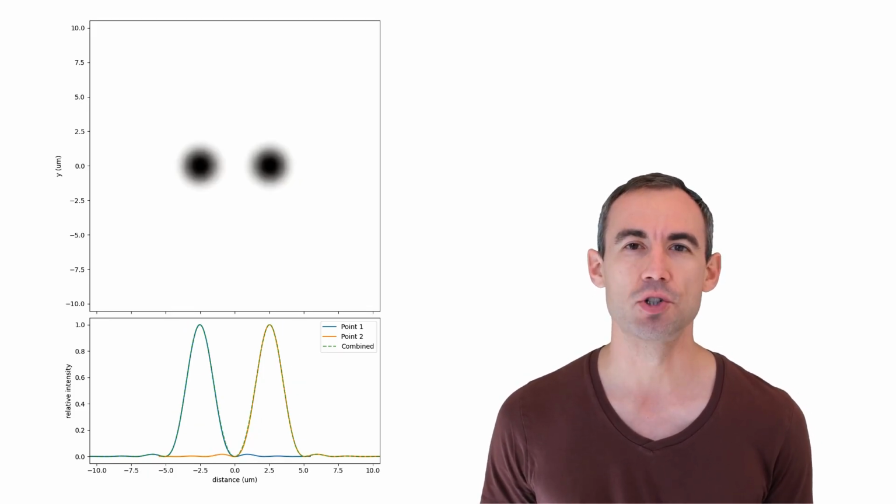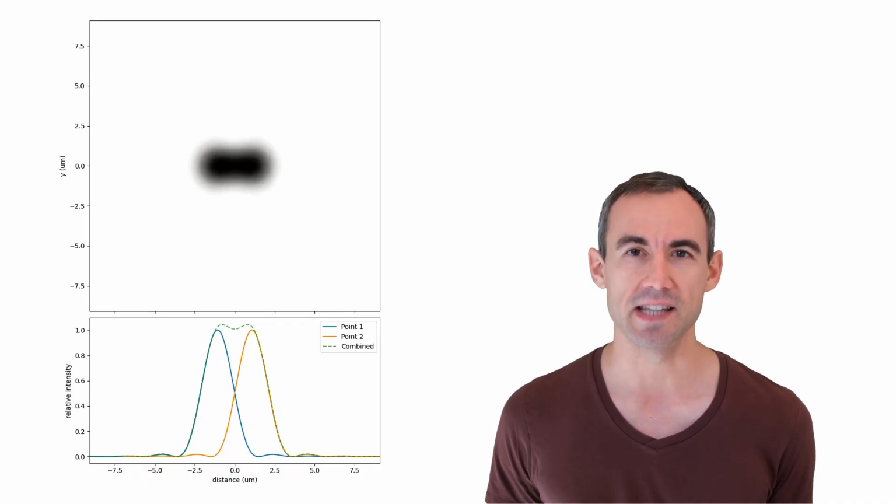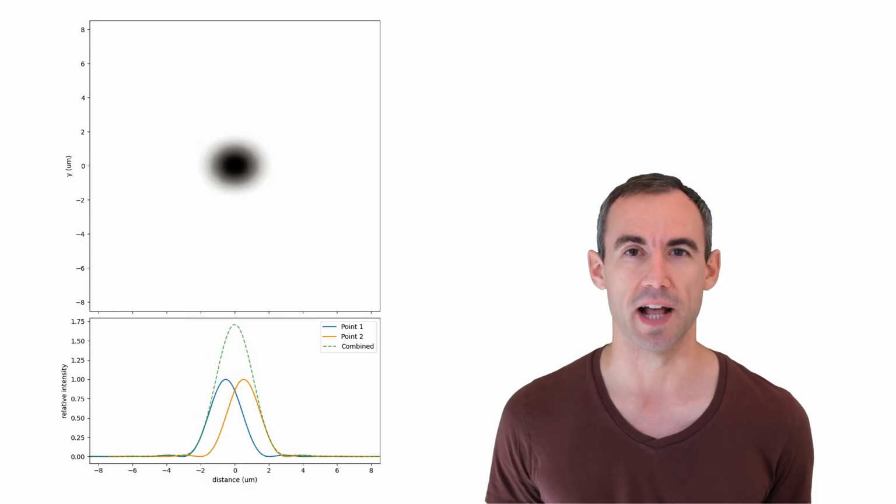Okay, so how does this Airy pattern affect the resolution of our image? Let's assume that we take a picture of 2 points. Here, the points are far away from each other, so we can easily tell them apart. But as they come closer to each other, their signals start to overlap, and it becomes more difficult to resolve them. And at some point, it becomes impossible to tell them apart.